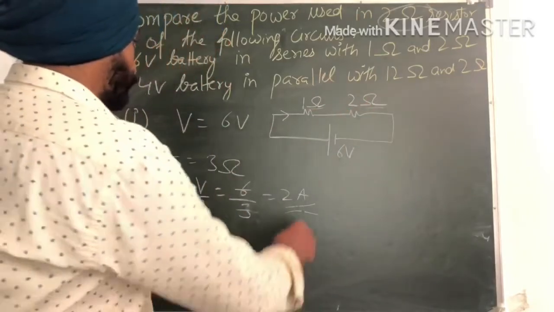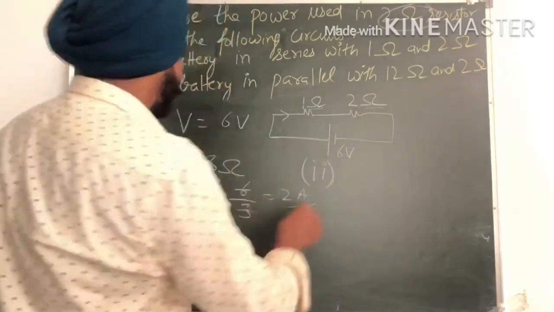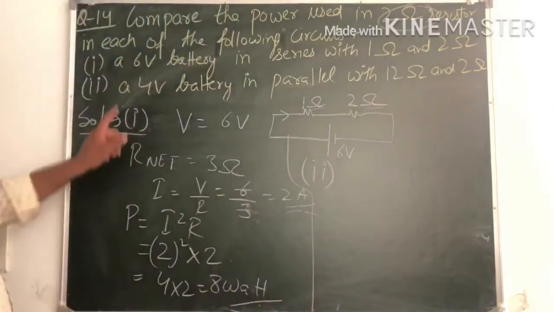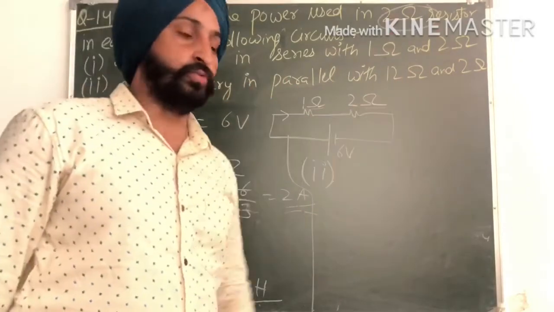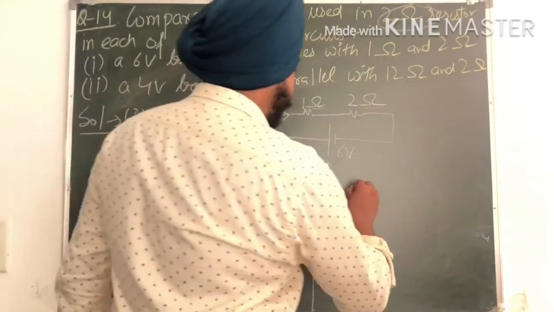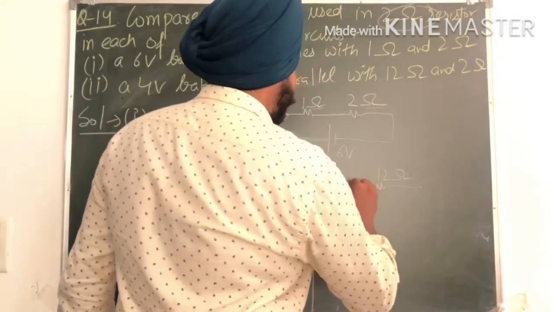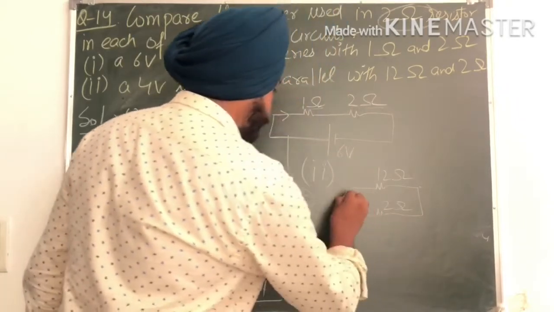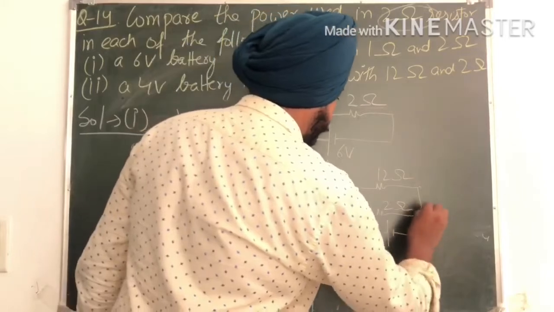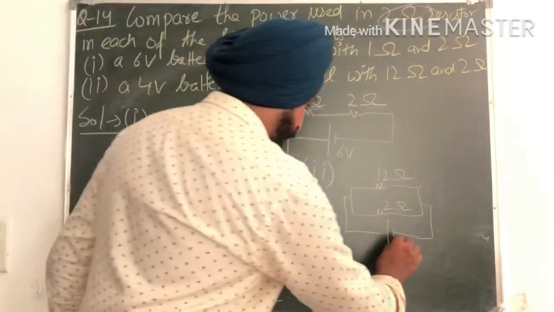Now moving on to the second part of the question, which is a 4 volt battery in parallel with 12 ohm and 2 ohm. Fine. Now the circuit diagram will look like this. This is 12 ohm and this is 2 ohm. These two are in parallel and they are connected with a battery of voltage equal to 4 volt.